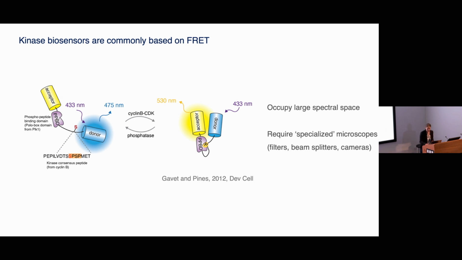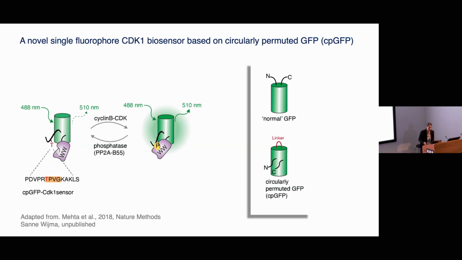But nevertheless, we wanted to design a new biosensor. In order to do so, we focused on single fluorophore kinase sensors, which had been shown in the past to work for other kinases. They are all based on a circularly permuted GFP. So maybe you know how GFP generally looks.